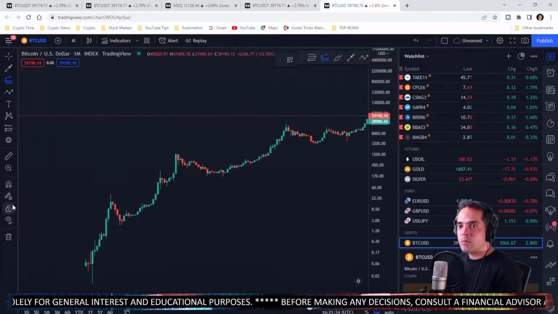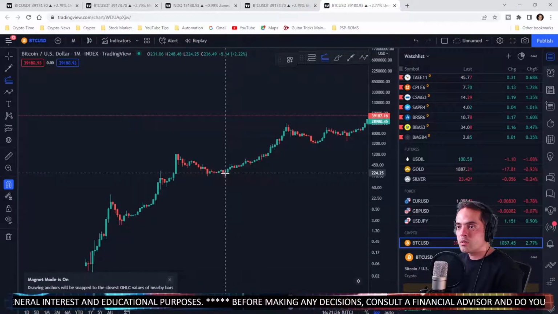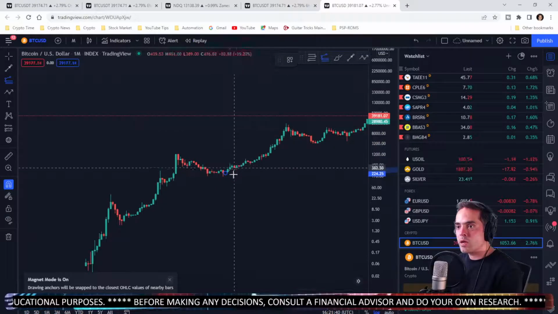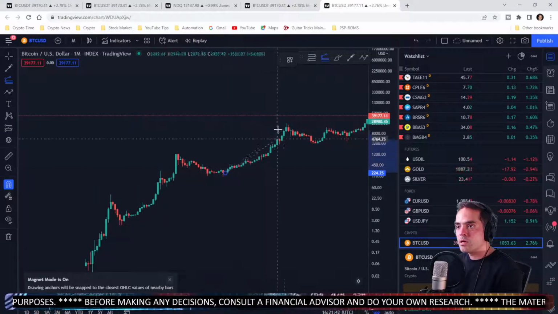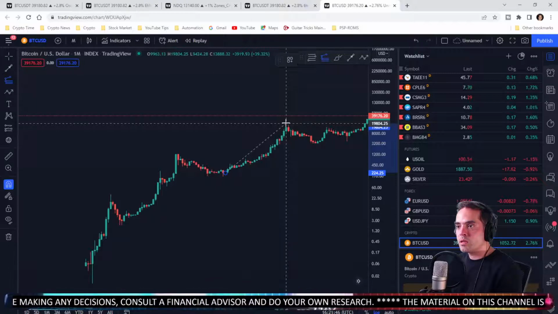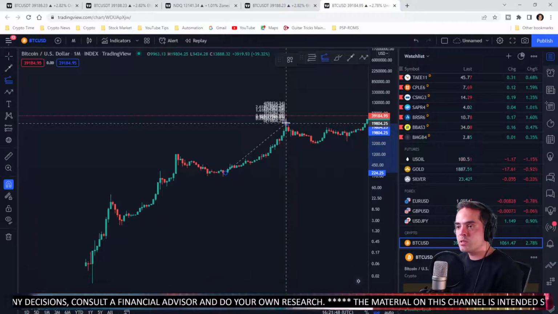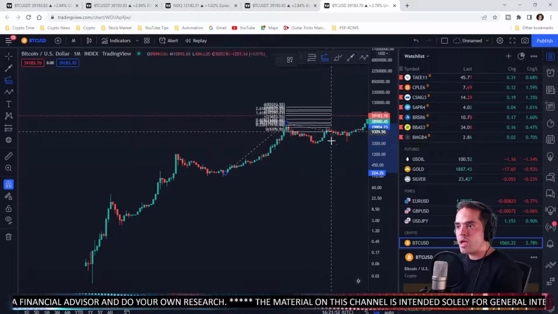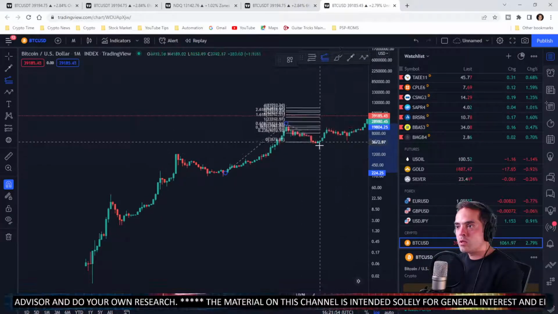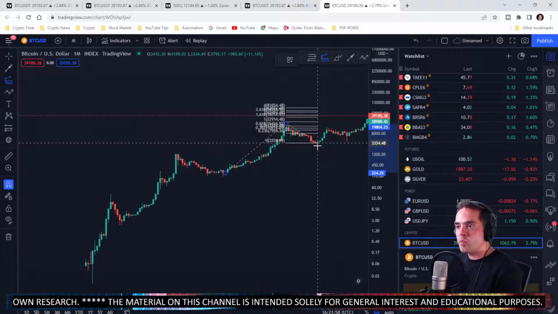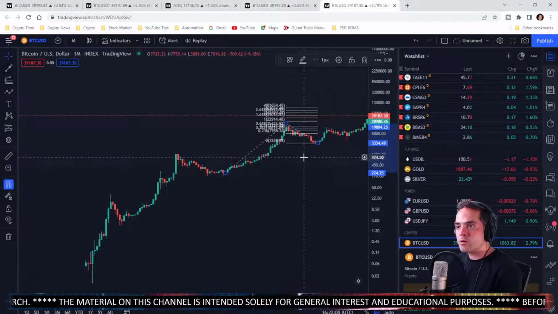I'm going to use the magnet to do that precisely. So I clicked on the first part of the movement and then the end of the first movement, and then I will drag the tool to the bottom of that pullback, that correction.